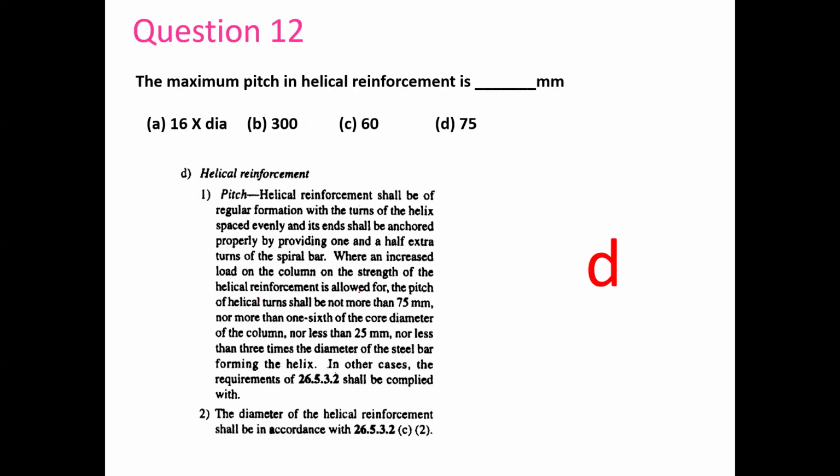Here they have mentioned where increased load on the column on the strength of the helical reinforcement is allowed, the pitch of helical turns shall not be more than 75 mm, nor more than 1/6 of core diameter, nor less than 25. But maximum we have 75. More than that is not allowed. If 1/6 comes less, we will provide that way.